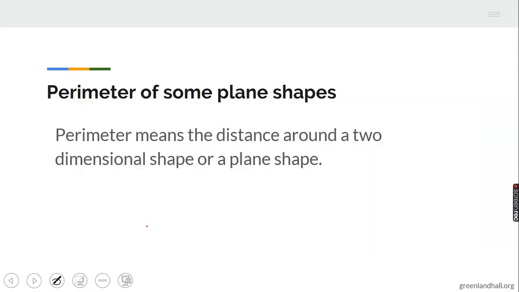Now, what is the meaning of a perimeter? Perimeter means the distance around a 2-dimensional shape. We are still saying the same thing.